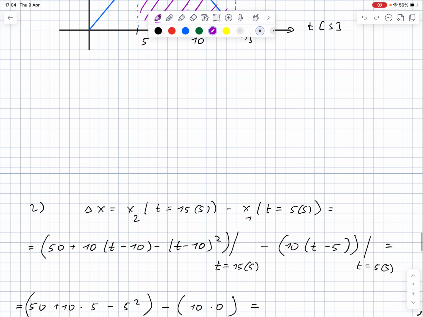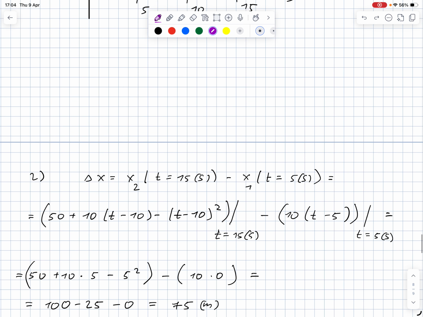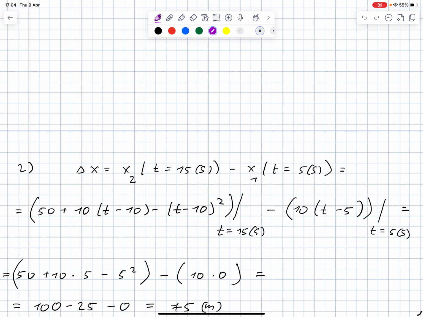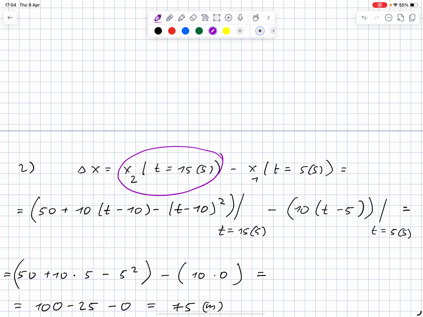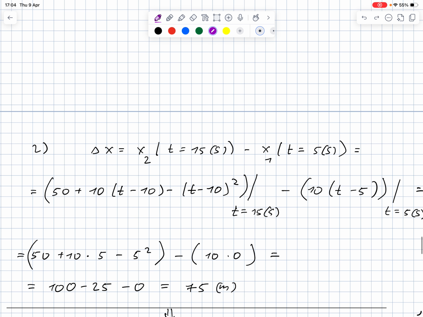Second way to calculate velocity, we can use the definition of displacement, delta x, which is x final minus x initial. Now, when we're talking about the final time, which is 15 seconds, of course we're going to use the expression for the position for the last interval of time.